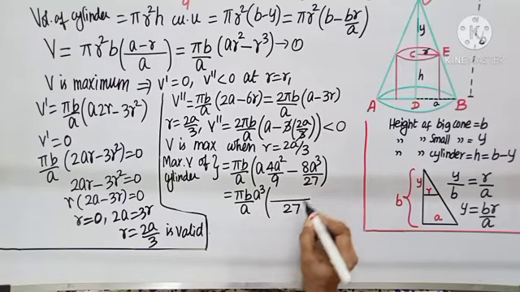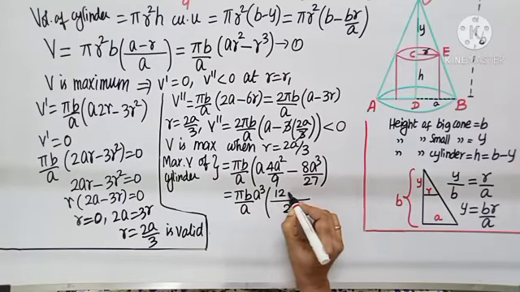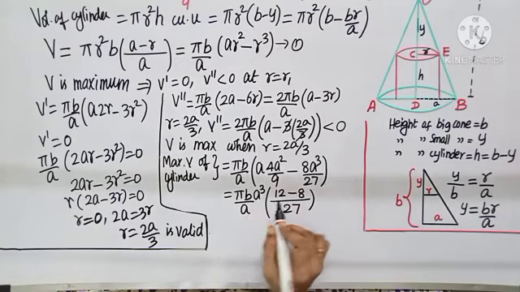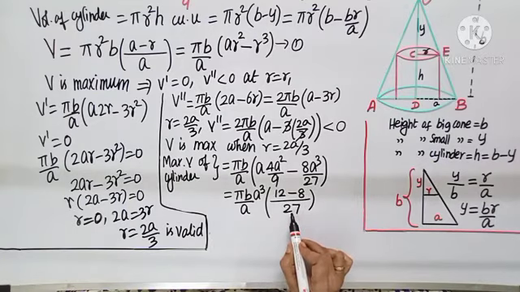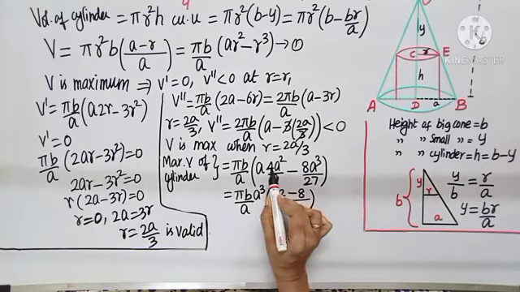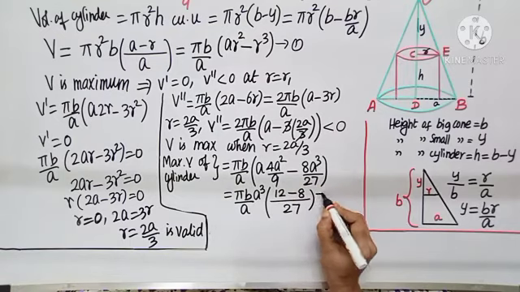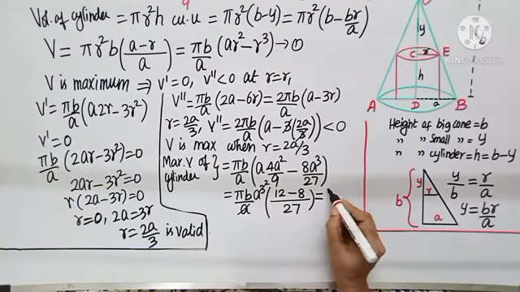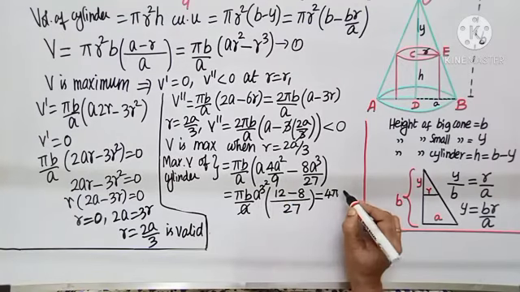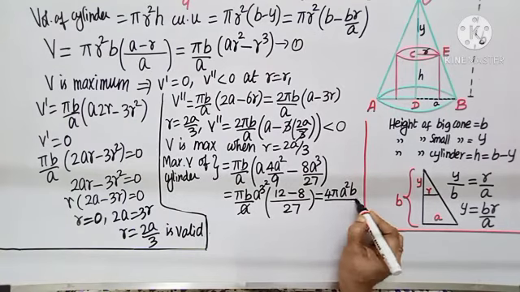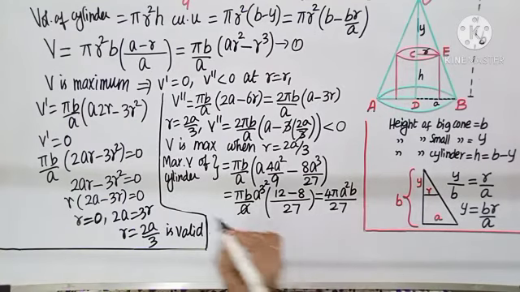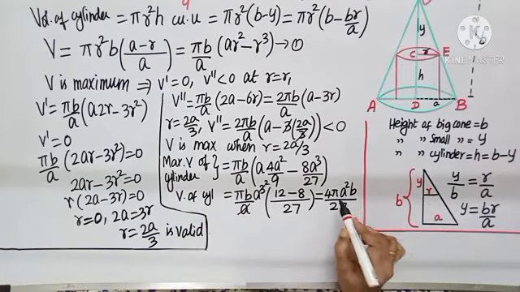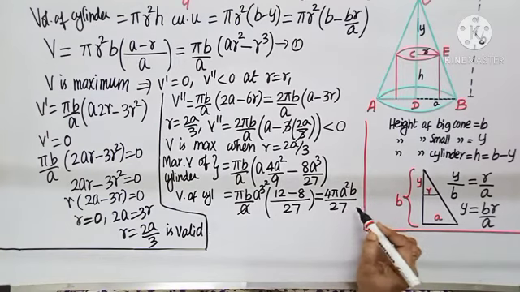Taking LCM 27, it is 12 minus 8. A cube is taken out. For 9 and 27, 27 is the LCM. Multiply by 3, 3 fours are 12 minus 8. So we get this, we can cancel. 4 pi a square b divided by 27. So volume of cylinder, we get the answer 4 pi a square b by 27.